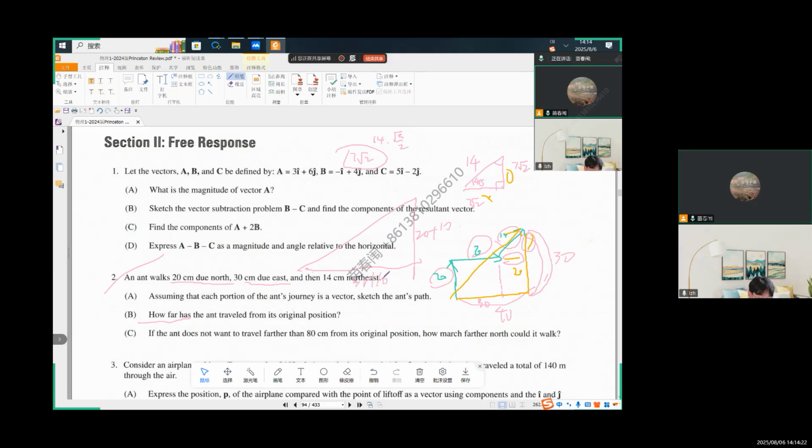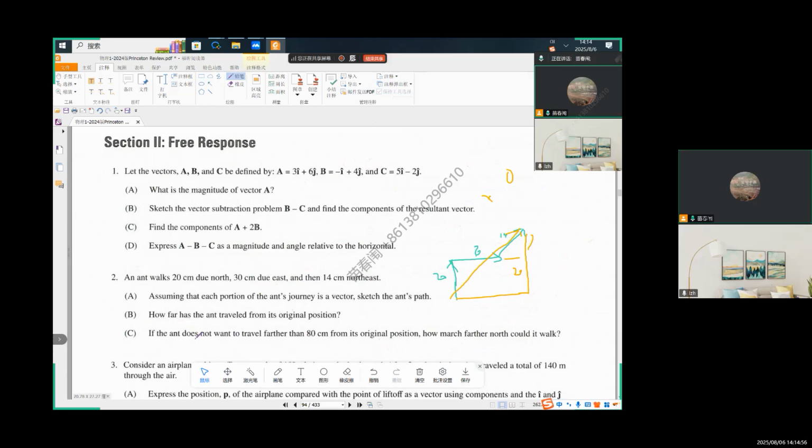That's good enough. And then use Pythagoras this time. The displacement just equals the square root of 30 squared plus 40 squared. He's using adding of the vectors with x component and y component. It's just the one that we did in question 6.